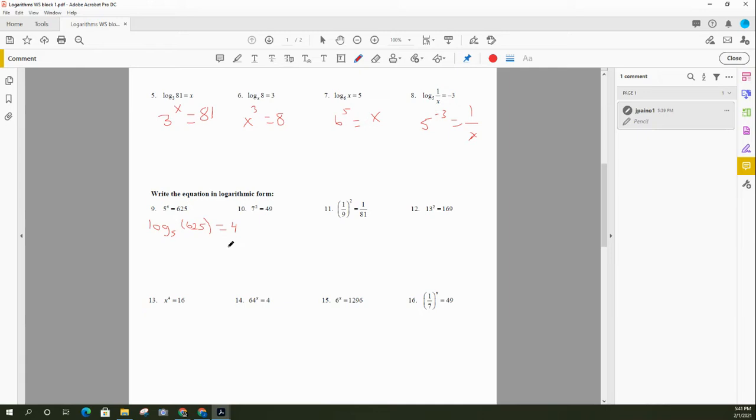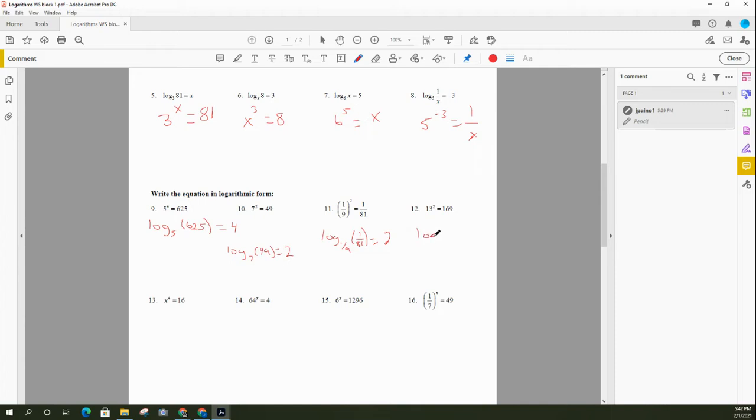Okay, so number 10 will be log base 7 of 49 equals 2. Log base 1/9 of 1 over 81 equals 2.